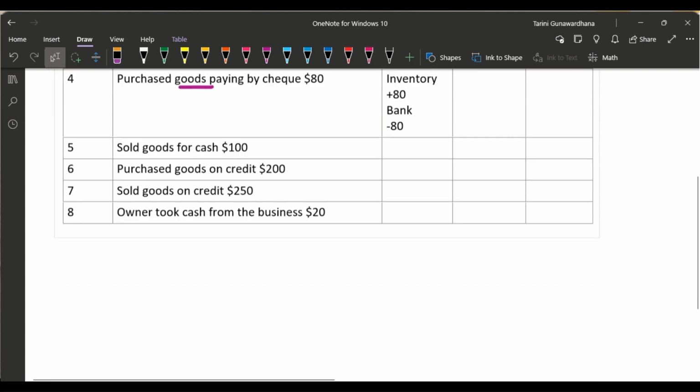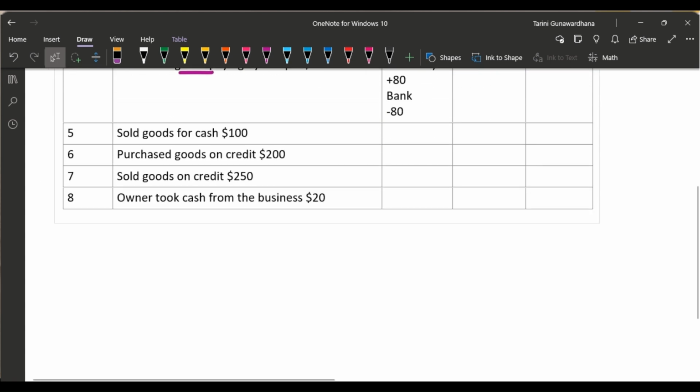Question 5. Sold goods for cash. Now here the business is selling its inventory for cash. So the business receives $100 by selling its inventory.